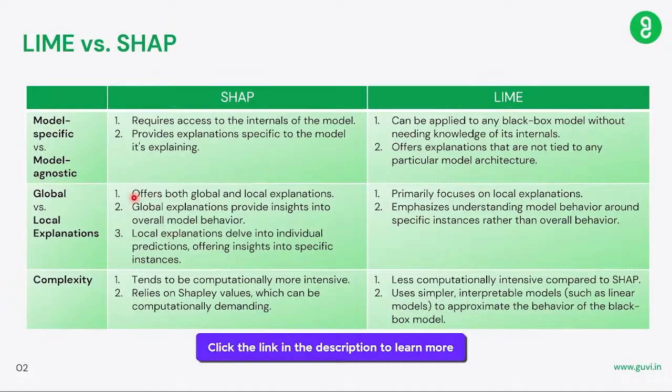The second important point here is global versus local explanations. SHAP provides both global and local explanations, whereas LIME primarily focuses on local explanations. So, what is a global versus local explanation?